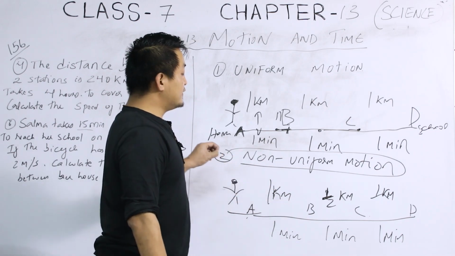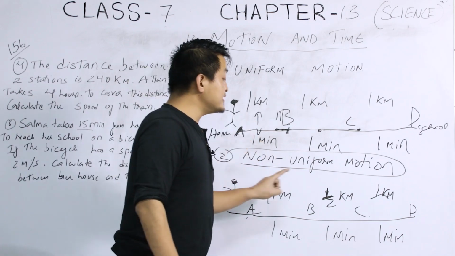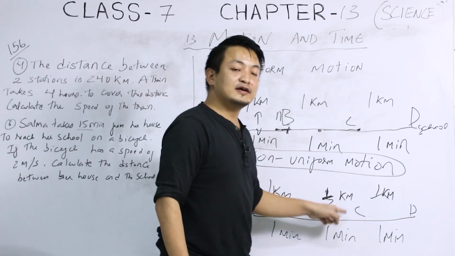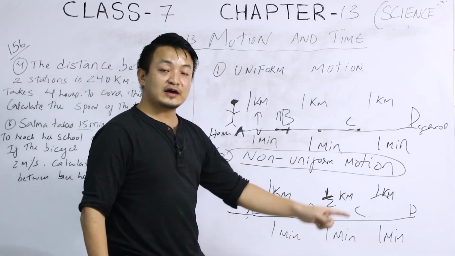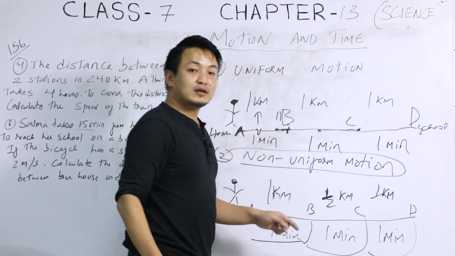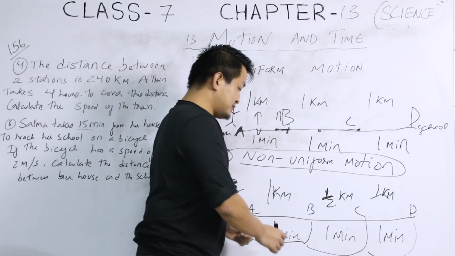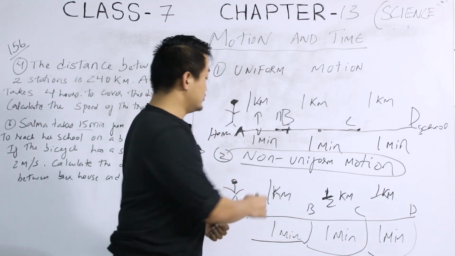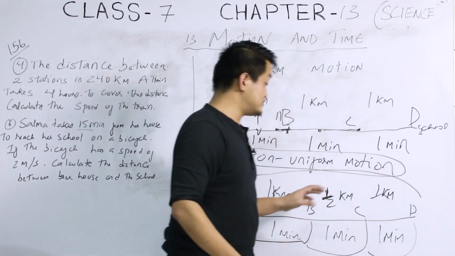If a body covers unequal distance in equal interval of time, it is non-uniform motion. The time is equal, 1 minute in every block, but the distance this guy covers to reach the final position D is not equal.